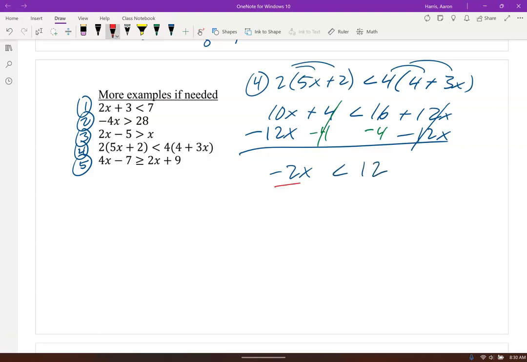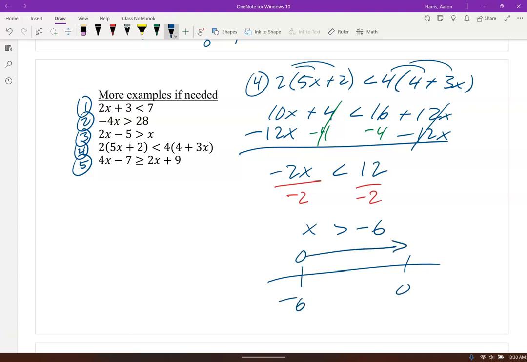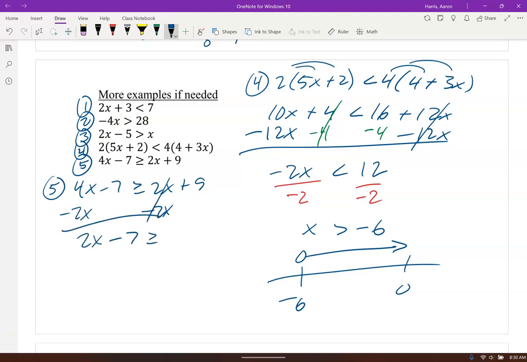And now we're dividing by a negative here. So you got to switch that. Greater than -6. And last one, number 5, 4x minus 7 greater than or equal to 2x plus 9. Get your x's on that left side. Add 7. And divide by 2. Now that's a positive 2. So the sense of the inequality stays the same.